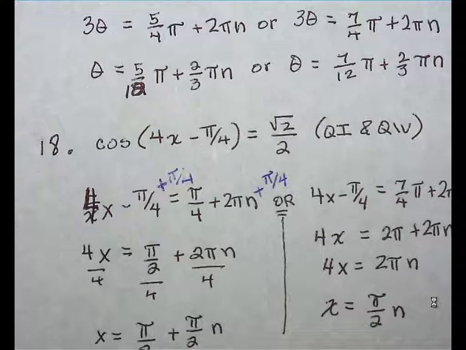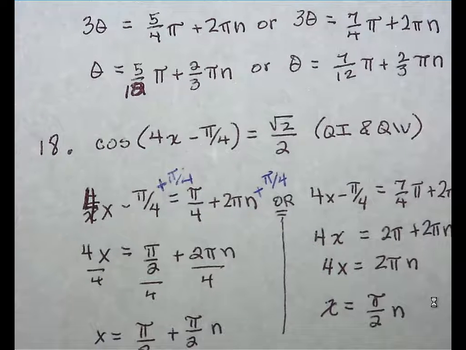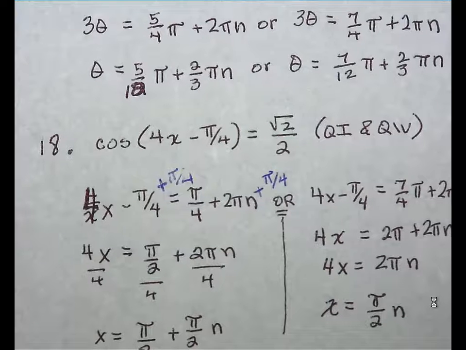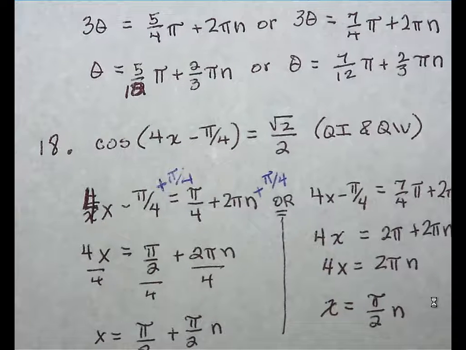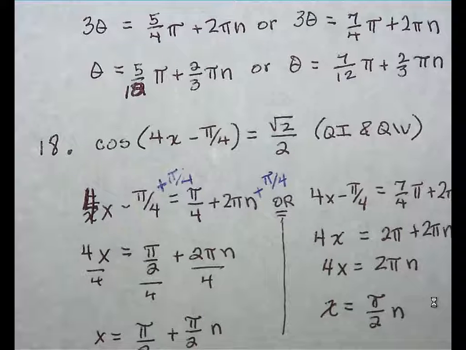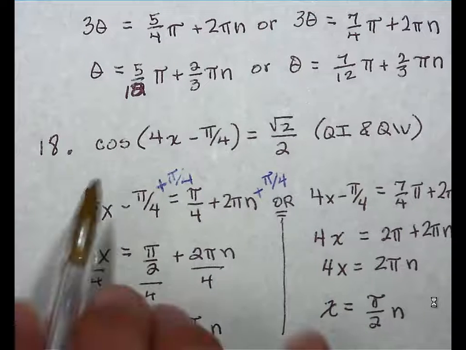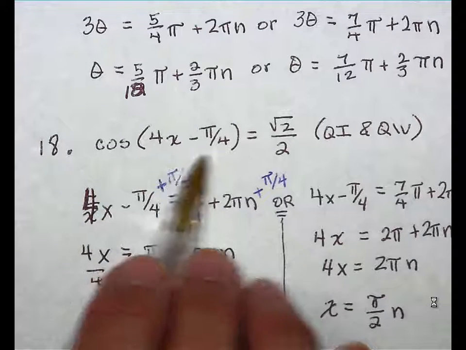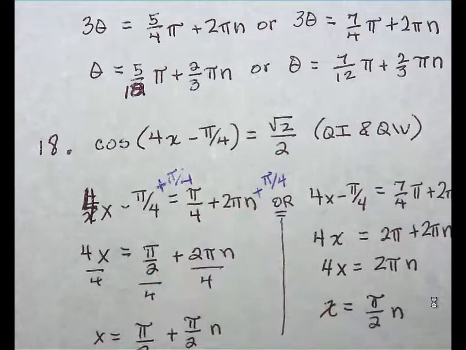Why am I getting a positive there? I was thinking y's instead of x's. That does work. Cosine of negative pi over 4 is positive square root of 2 over 2. I was thinking in the fourth quadrant, it's negative, but that's sine, not cosine. Good job, Corey.